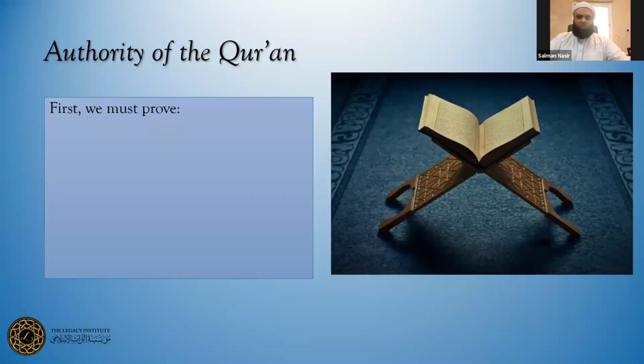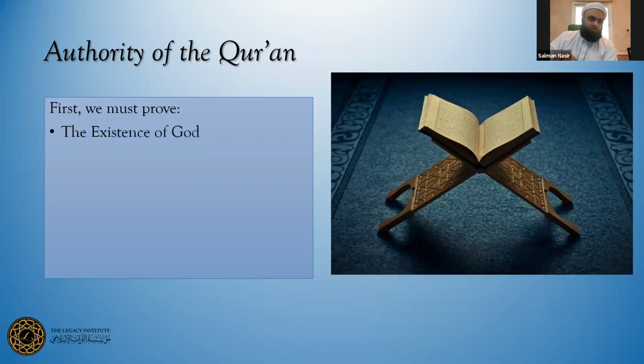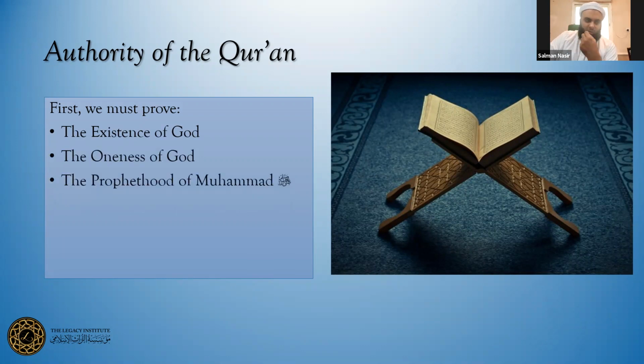So when it comes to establishing the authority of the Quran, first we have to prove the existence of God, the oneness of God, and the prophethood of Muhammad sallallahu alaihi wasallam. Now, in reality, you could actually say that proving the last one, the prophethood of Muhammad sallallahu alaihi wasallam, proves the rest of them.